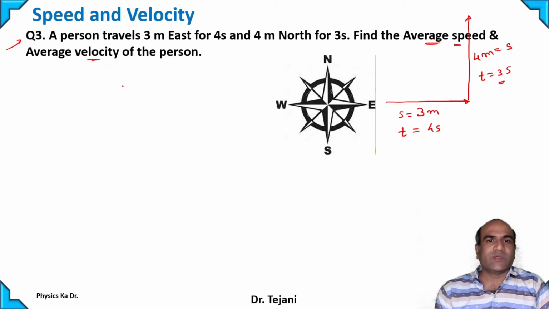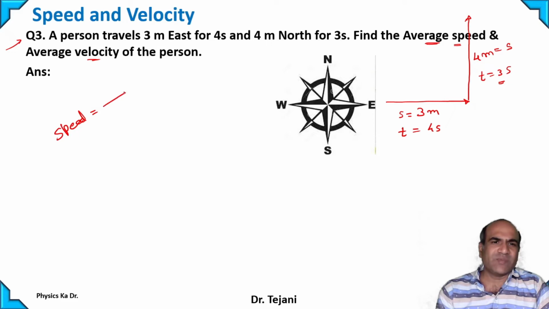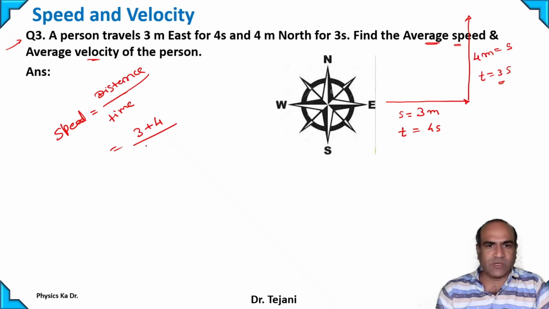Now what is the equation of speed? Everyone knows that speed is equal to distance divided by time. So here we need to take total distance. Total distance is equal to 3 meter plus 4 meter, and the time is always total. So 4 plus 3, that becomes 7 by 7. So it becomes 1 meter per second.